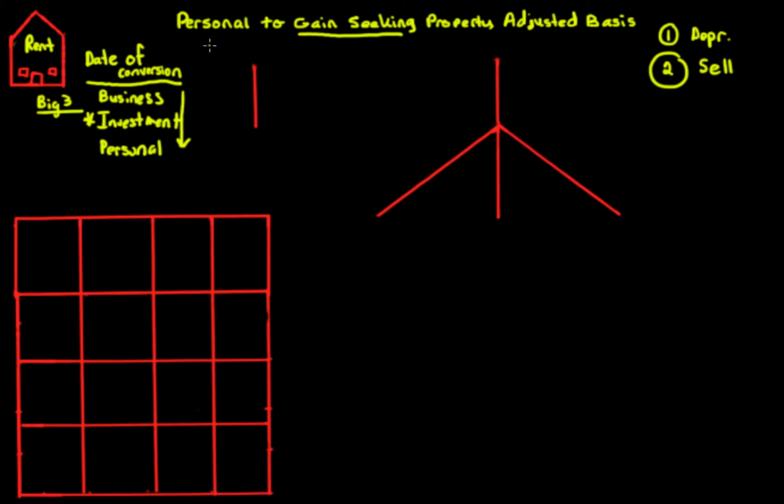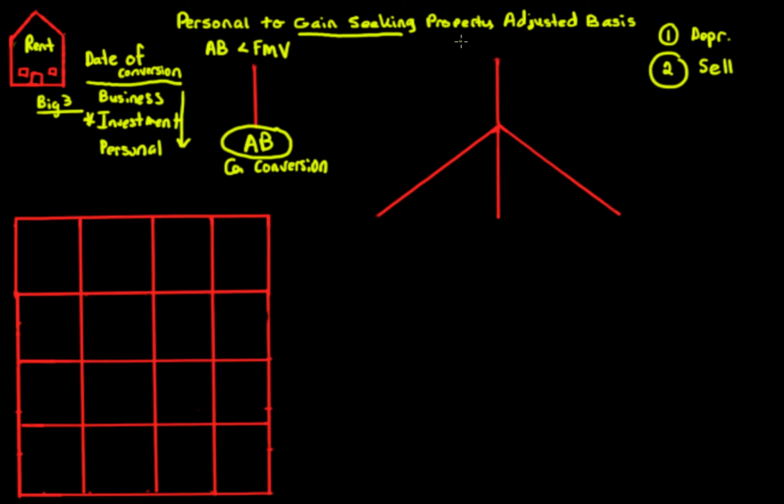If the adjusted basis of the property at the date of conversion is less than the fair market value, you're always going to use the adjusted basis at the date of conversion. So we always use adjusted basis at conversion. That's for both depreciation and selling the property.